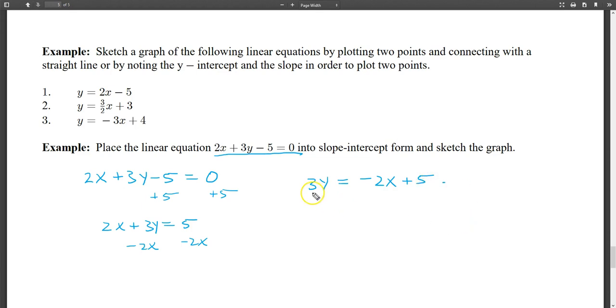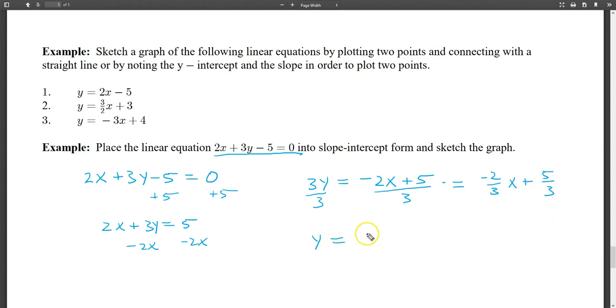And now we have to divide by 3. Divide everything, each side, by 3. And we get y equals... Now I'm going to split this up by our properties for fractions, our distributive property. Remember, we can split this up as negative 2/3 x plus 5/3, like that.